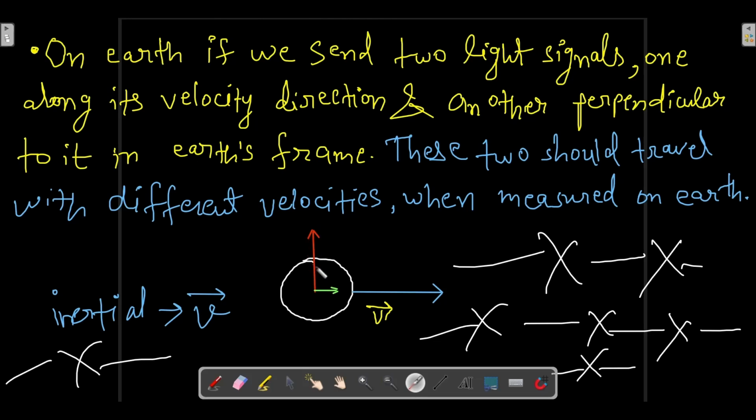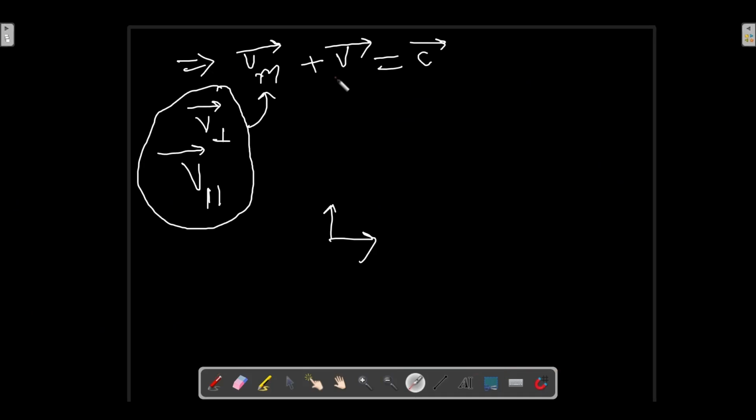So that's why this Vm can have only two values: V perpendicular and V parallel. This is just a denotation, because if we denote it like this, it will be very convenient to us.